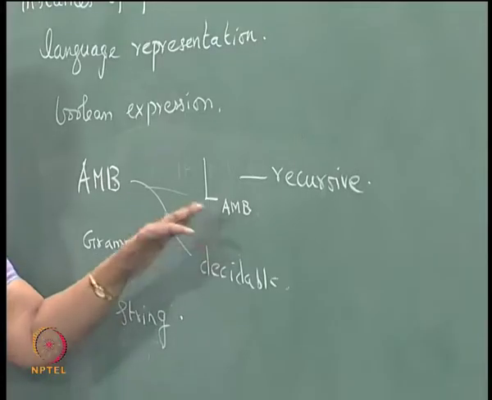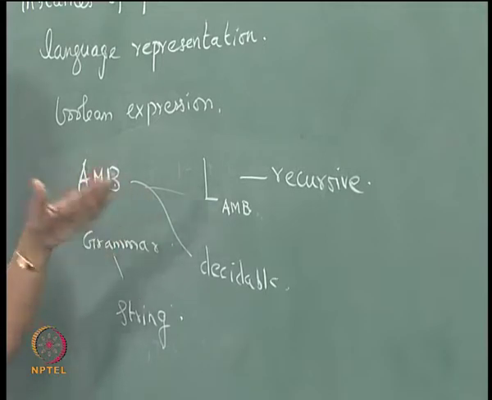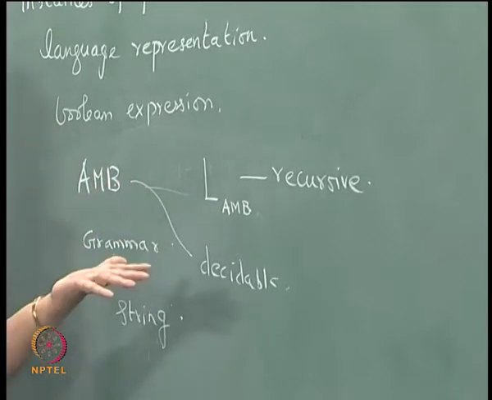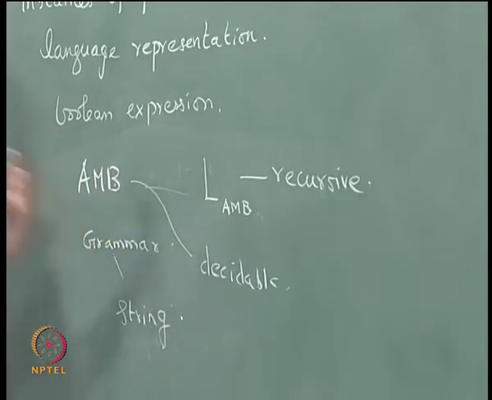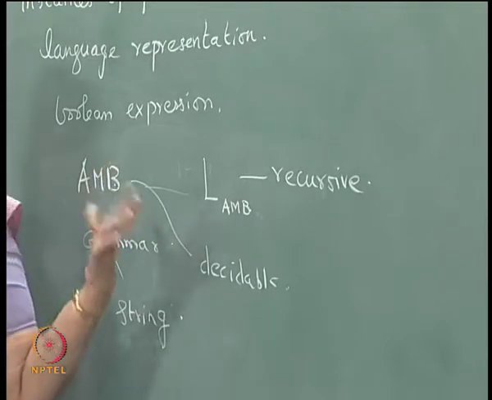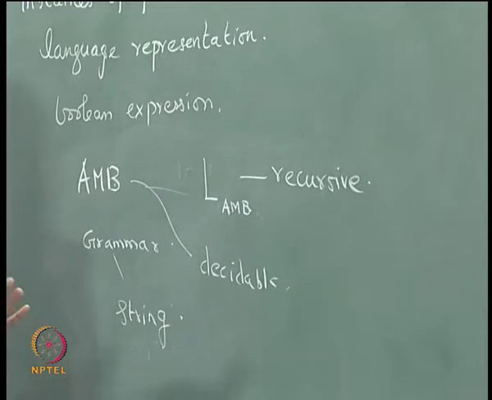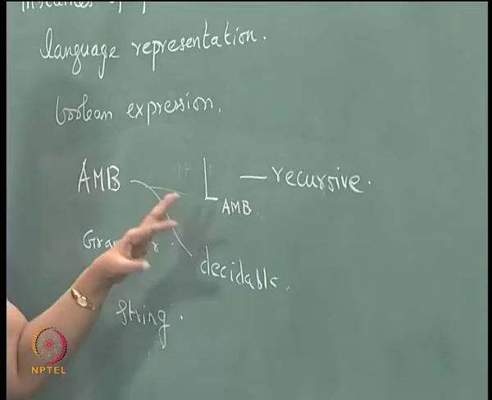So, it has to ultimately halt and say yes or no. So, here for any string, the machine has to halt and accept or reject, okay, then it is decidable. If it accepts and stops, but when it rejects it gets into a loop, that is not decidable. Okay. The language has to be recursive.